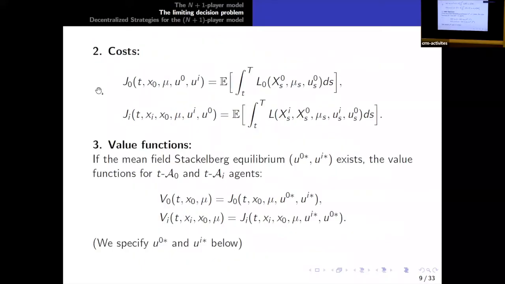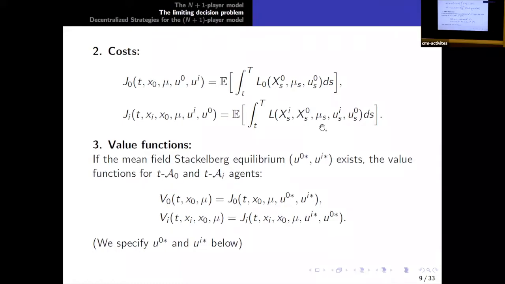Now we further do the mean field approximation in the costs. So in the end, we have the major player's state, the minor player's state, and also this mu s as an extended state.